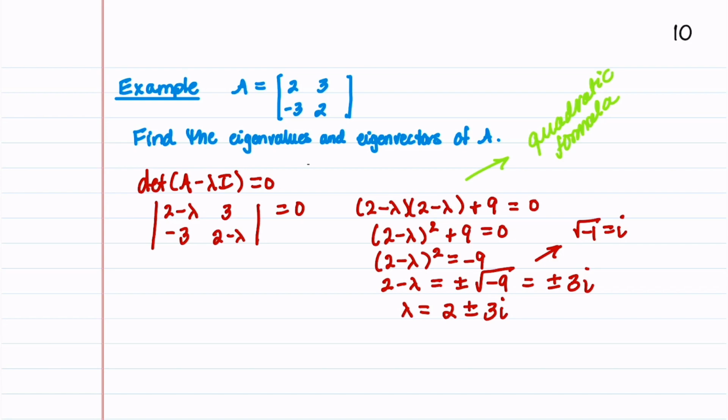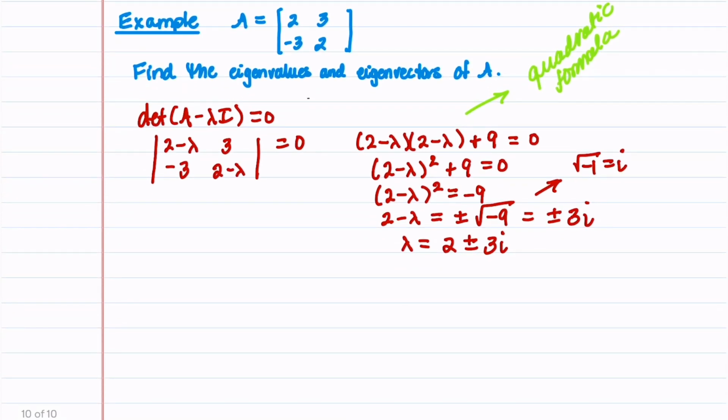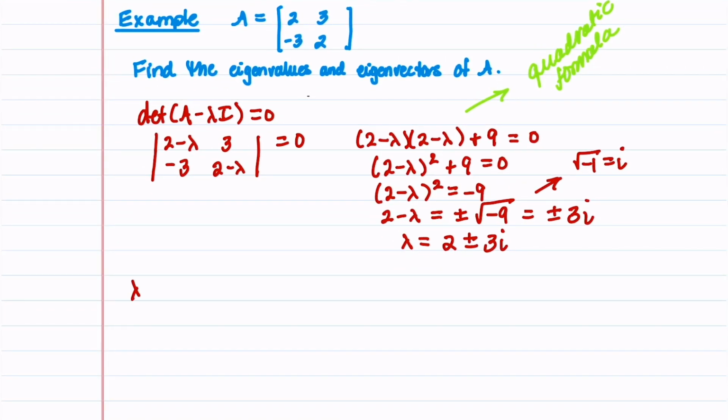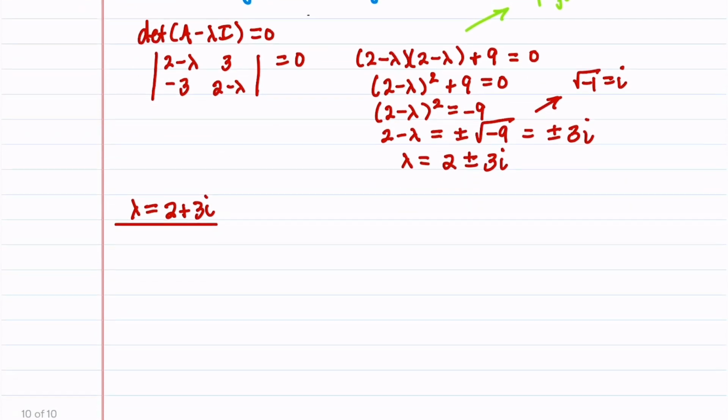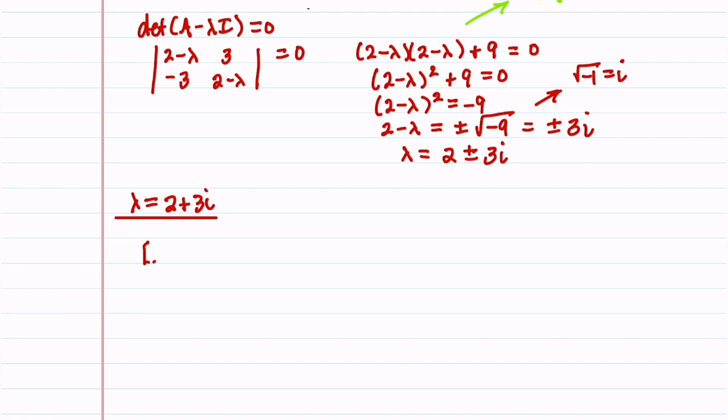Now we have to find our eigenvectors. Hang with me. This won't take too long. So let's write down lambda is equal to 2 plus 3i. And remember, once we find the eigenvector for this one, our other eigenvector is just going to be the complex conjugate, and we won't have to do any work. We'll begin with A minus lambda I, augmented with 0.